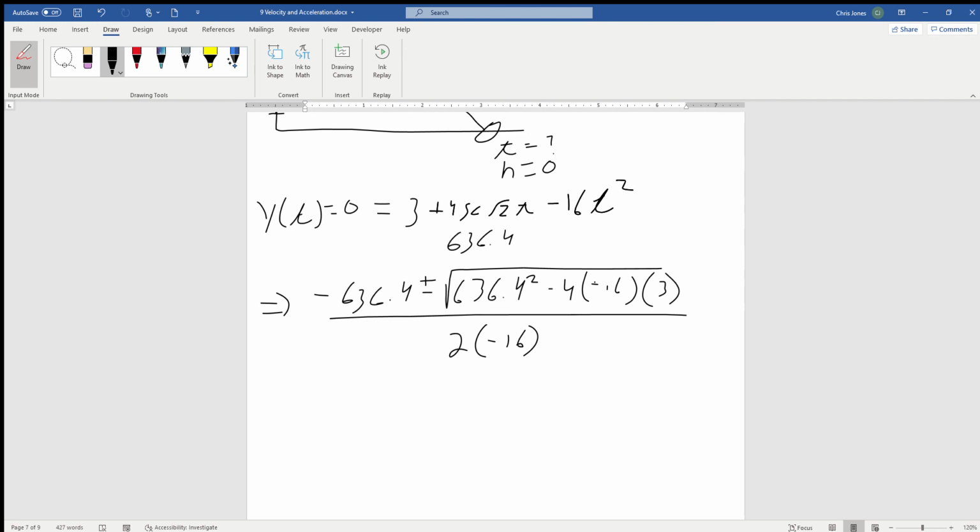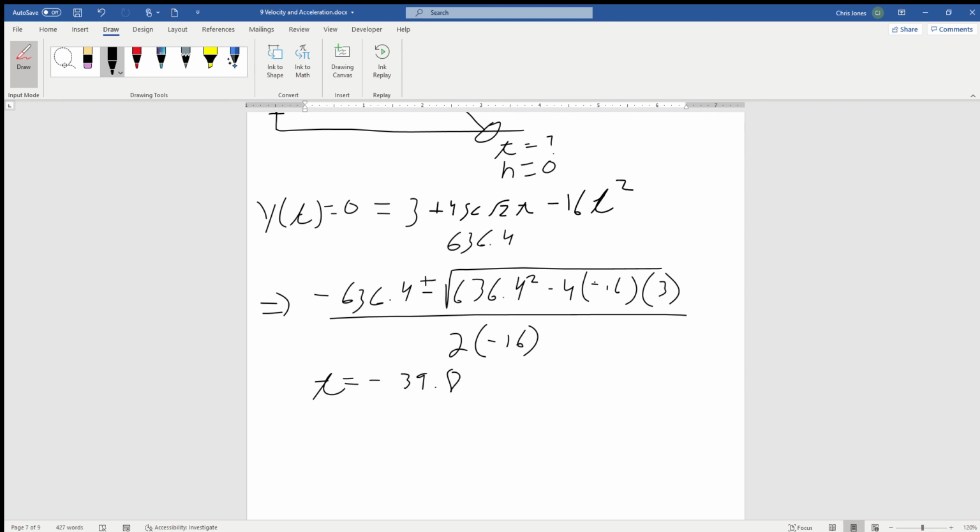So that's going to be 636.4 plus the square root of 636.4 squared minus 4 times negative 16 times 3, and we're going to divide all of that by negative 32. So I get one answer, which is not looking promising, negative 39.7 or 39.8.